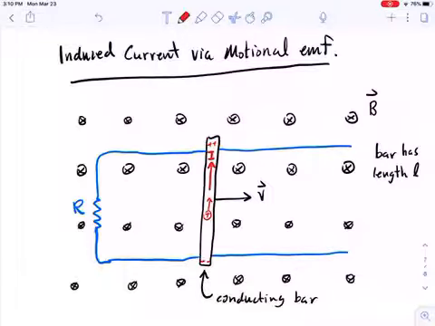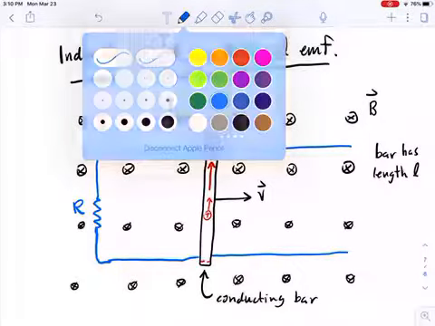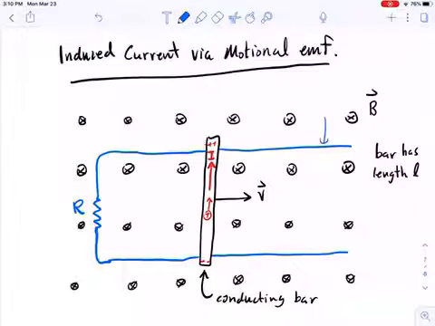But now, instead of just having a whole bunch of charge collected at the top and bottom of this bar, we have a complete circuit, because these blue tracks are made from conducting wire.